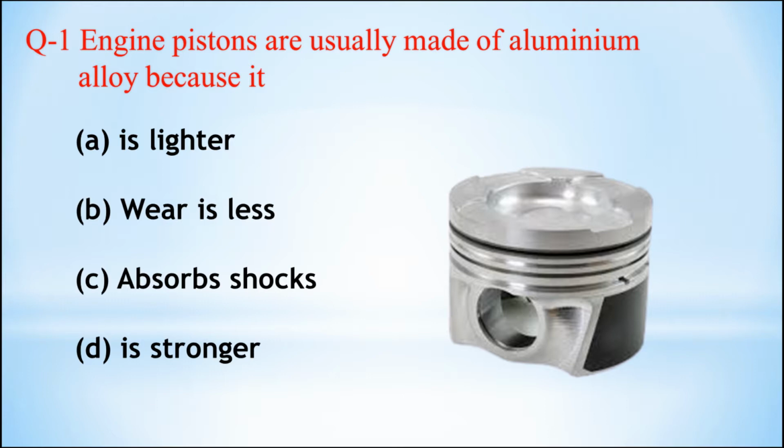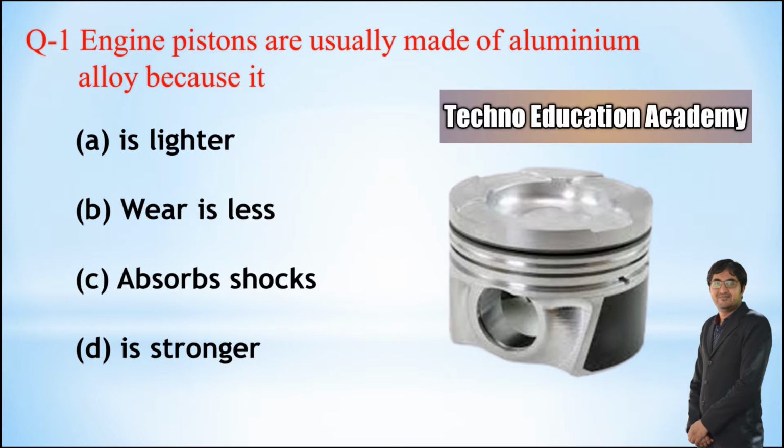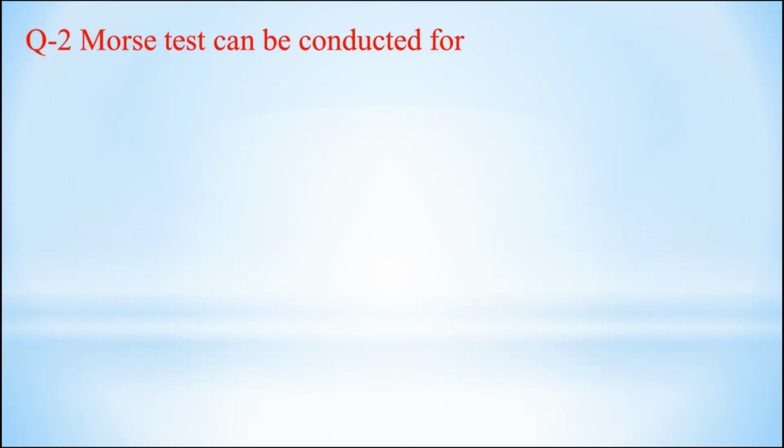At that time energy is required to move the piston from BDC to TDC, so we generally prefer a lightweight material. Aluminum is also a good conductor of heat, so it will easily reject heat as well as being light in weight. So the correct answer is option A, lighter.